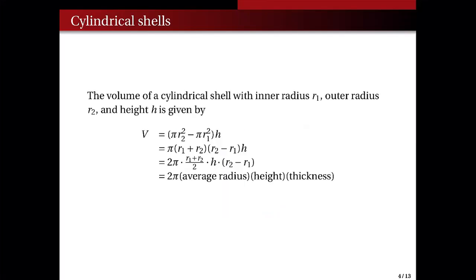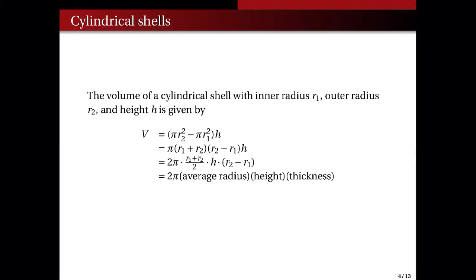So the volume will just be the volume of the bigger cylinder minus the volume of the smaller cylinder, if your H is multiplied to each of these. This is the area of the bigger circle, and this is the area of the smaller circle. You multiply it by H, you'll get the volume of the shell.